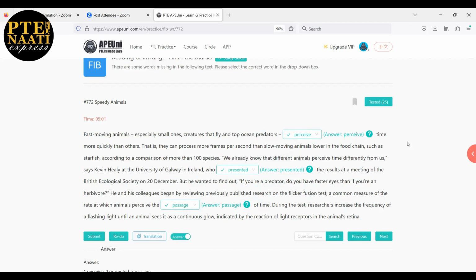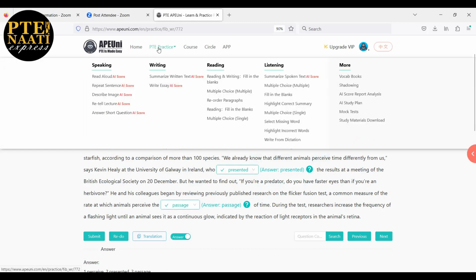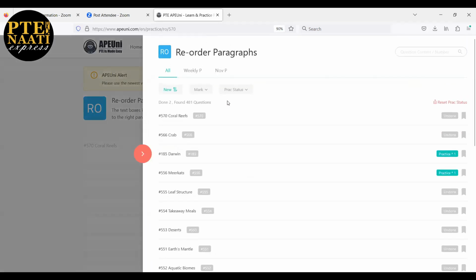So those are the reading and writing questions. Shall we move on to the reordering paragraph questions?